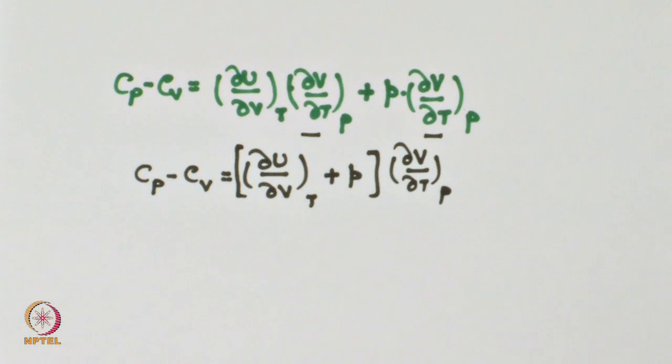See, what I have done is we have not so far used any condition for ideality. That means the equation that we have developed for Cp minus Cv is applicable to all systems. It is not just applicable to ideal gases, but to all systems. It allows for deviations from ideality.